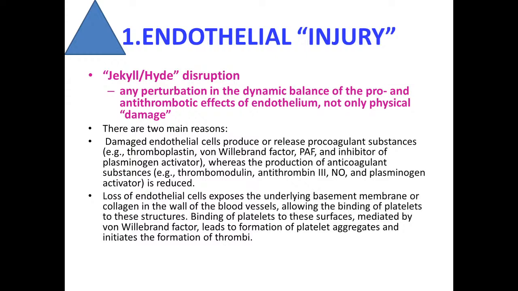Damaged endothelial cells produce or release procoagulant substances, thromboplastin, von Willebrand factor, PAF, and inhibitor of plasminogen activator, whereas the production of anticoagulant substances, thrombomodulin, antithrombin 3, nitric oxide, and plasminogen activator is reduced.